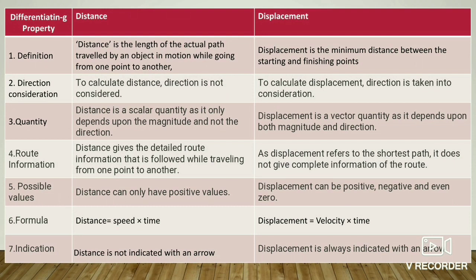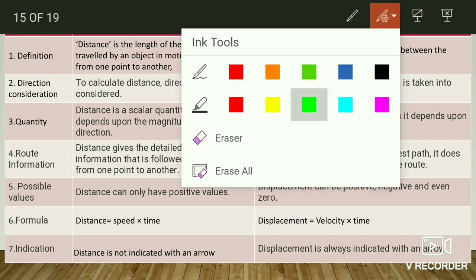Distance is the length of the actual path traveled by an object in motion while going from one point to another. But displacement is the minimum distance between the starting and finishing point. Here, A is the initial position of the object and B is the final position of the object.